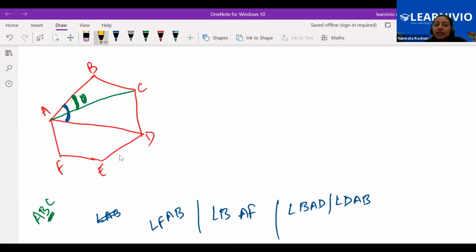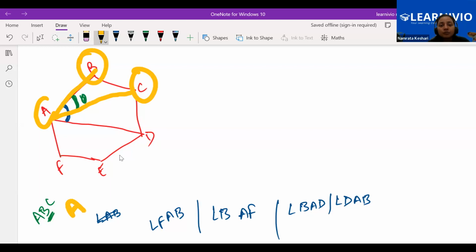Whenever you are seeing any angle, check which two lines, which two sides are included. What are the endpoints of these two sides? B and C. Which angle you want to represent? Angle A you want to represent. A must be sitting in the middle.